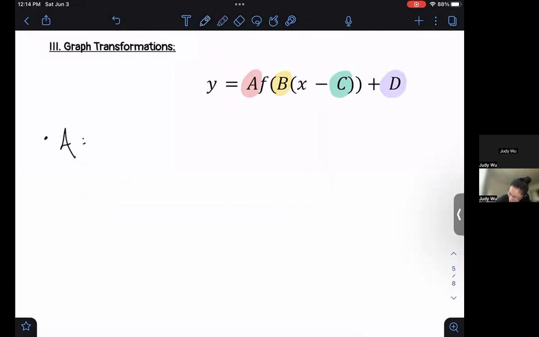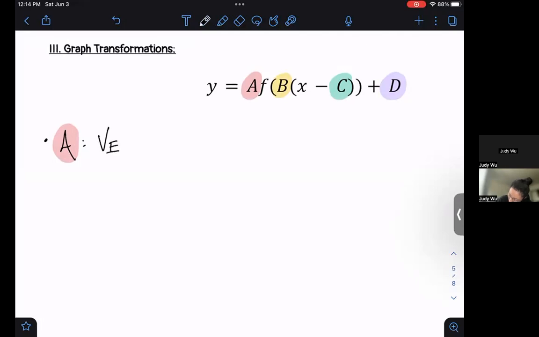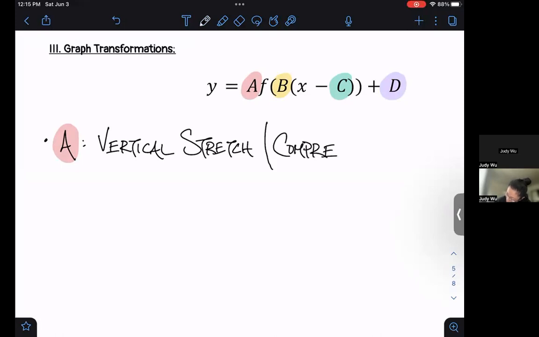So what does A do? A is something that we call vertical stretch or compression. So it takes our function and it pulls it out, or it makes everything shorter, okay?